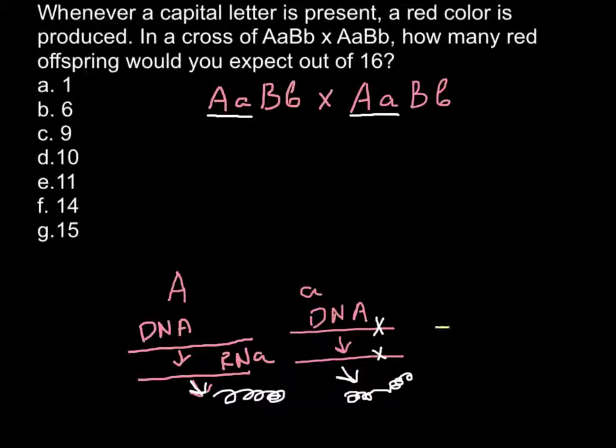So for example, this is going to be gene B. It can be shorter, for example. It also can be DNA. And this is going to be capital B, and capital B would stand for the normal gene. And this is going to be RNA. And this would also produce some protein.